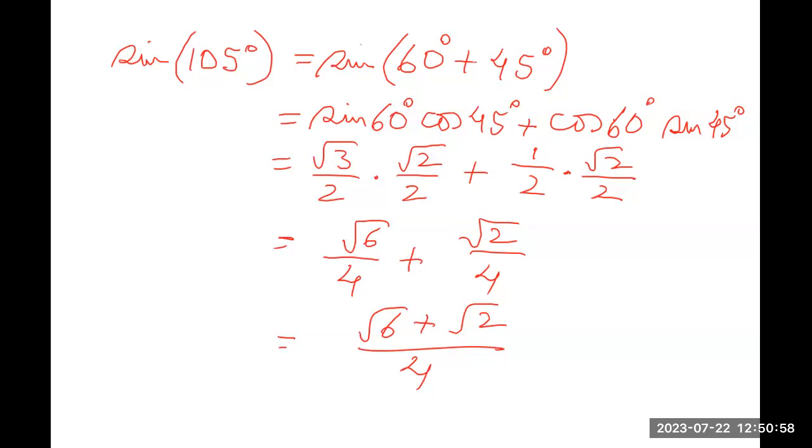You can do the same thing if angles are in radians. So in problem 4, we are asked to find the exact value of cosine of 7 pi over 12. Now, 7 pi over 12 actually turns out to be 105 degrees.